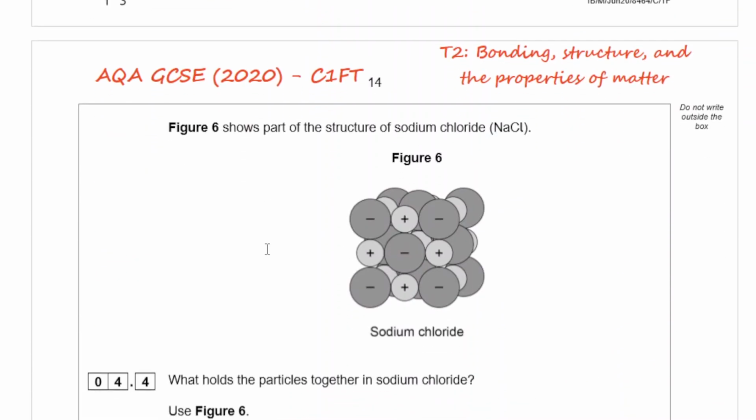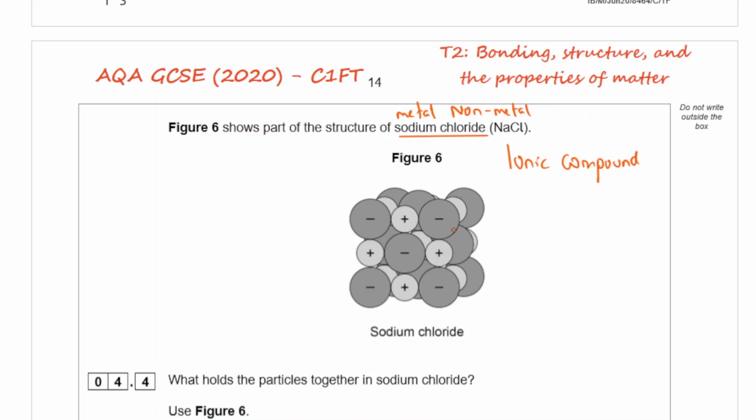Figure 6 shows part of the structure of sodium chloride. Now sodium chloride, remember, is an ionic compound because it's made up of sodium, the metal, and chlorine, the non-metal, right?